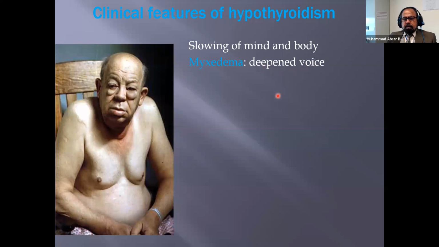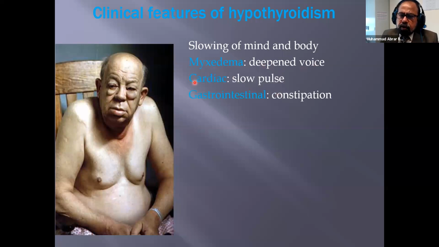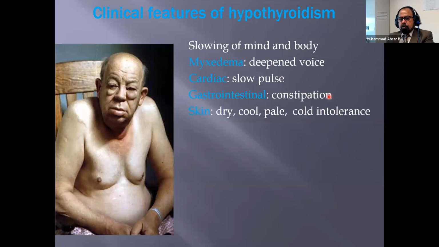There is a deepened voice, and the features are actually the reverse of hyperthyroidism. In hyperthyroidism the pulse was fast, but here there will be slowing of the pulse. In the gastrointestinal tract, there was hypermotility and diarrhea; here there is constipation because sympathetic activity goes down.